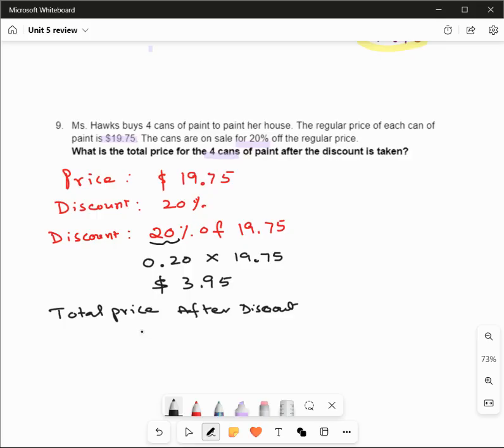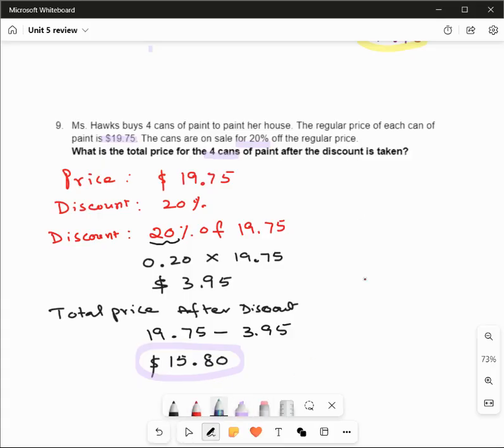You're going to get $19.75, take away $3.95, which gets you $15.80. So that's your final answer. If you go to the store, $19.75, 20% off, now you pay only $15.80.